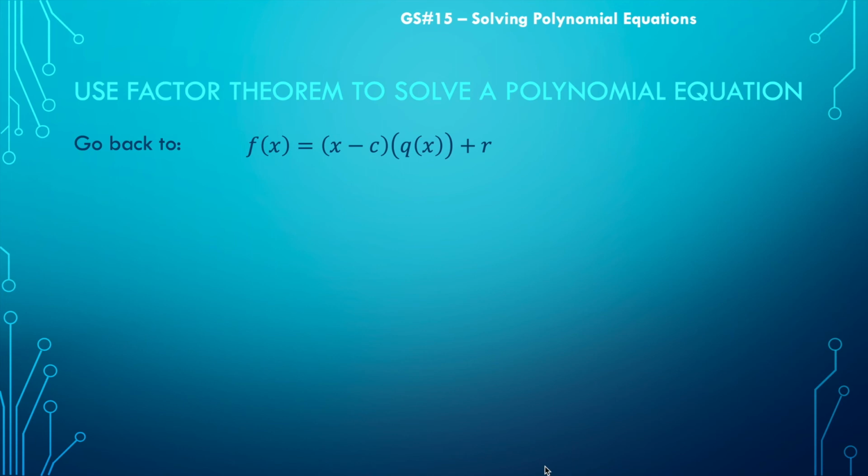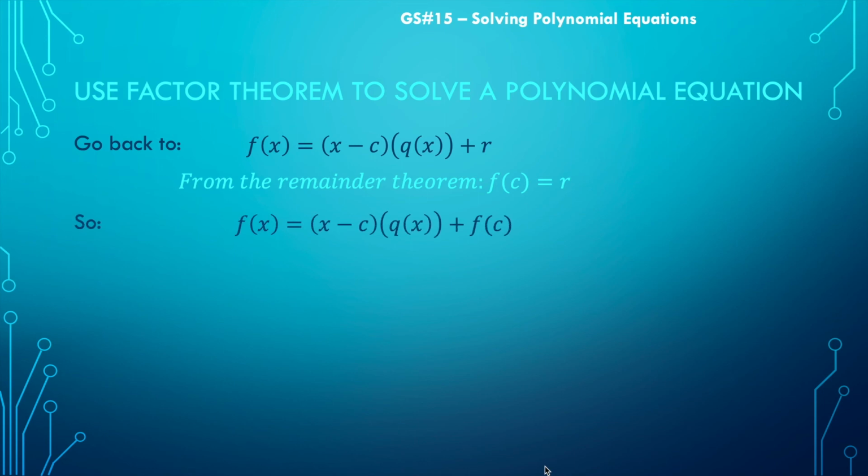If I go back to this, and I remember the result of the remainder theorem, which said that the remainder from this polynomial division relationship will always equal f of c, I can replace the r here with f of c.